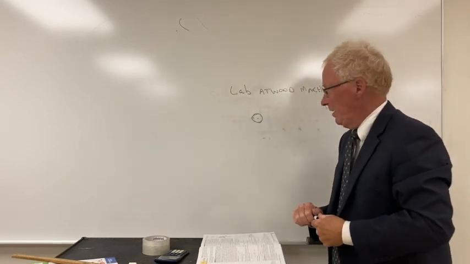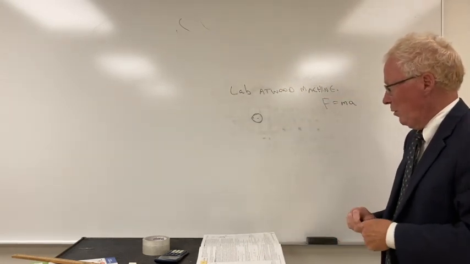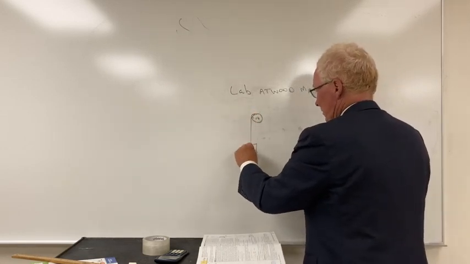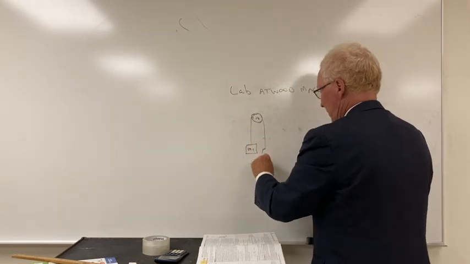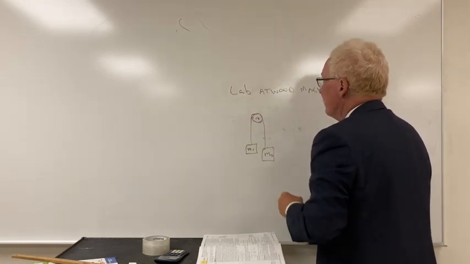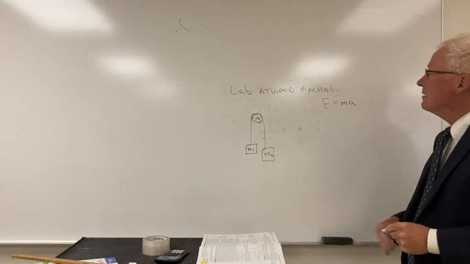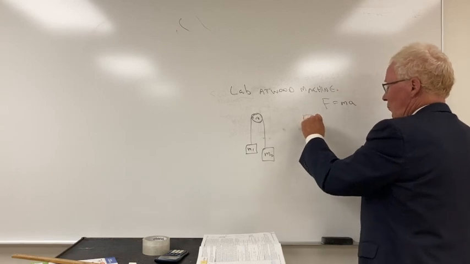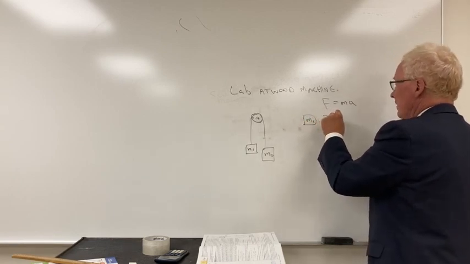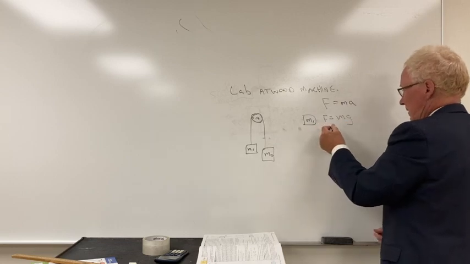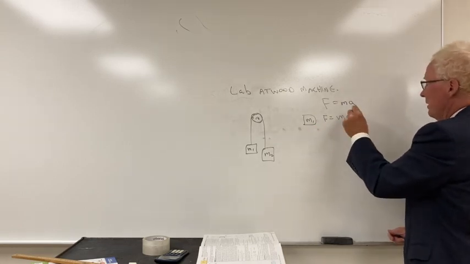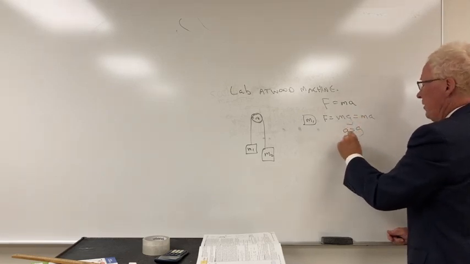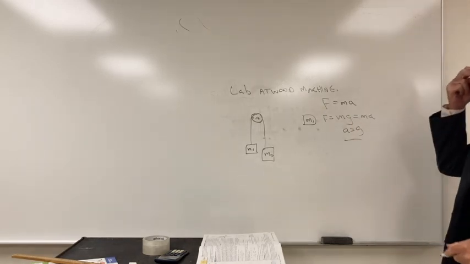So what George Atwood did was figure out a way to slow the whole process down by using a pulley with two masses, M1 and M2. What we can see is, if we have just a single object by itself, M1, the force is M times G, and that would be M times A, and so the acceleration is just G. All right, so it's the same force.